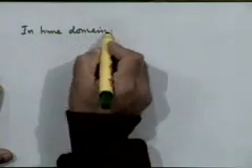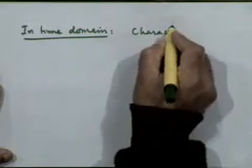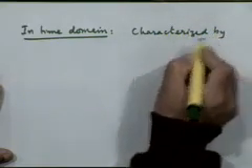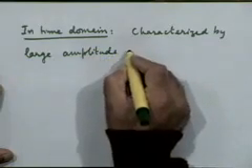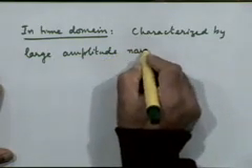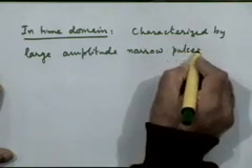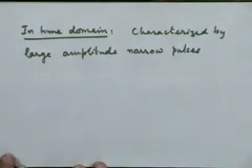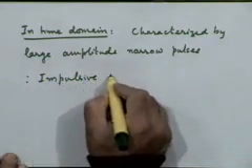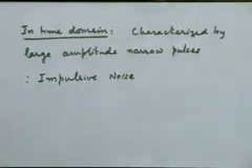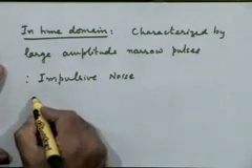In time domain, this kind of noise is characterized by large amplitude, narrow pulses, and therefore it's also sometimes called impulsive noise. So it is particularly important at low frequencies.